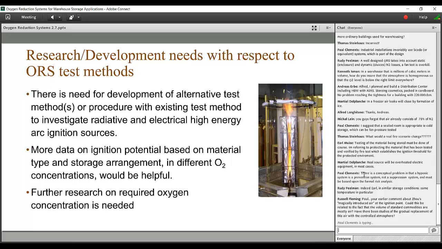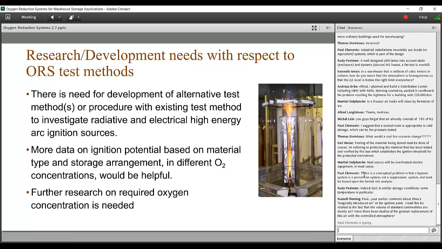Because they will have a higher temperature, and in other cases also higher radiation or heat flux to the material. And I think this again depends on the scenario, and on a full risk analysis in the facility.